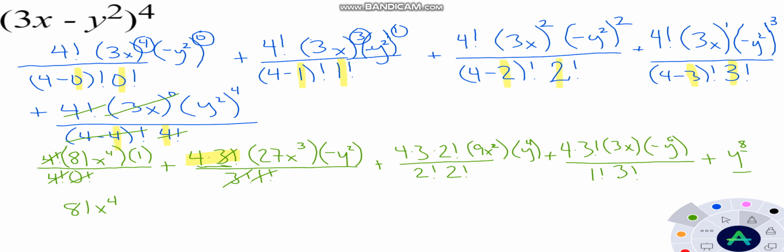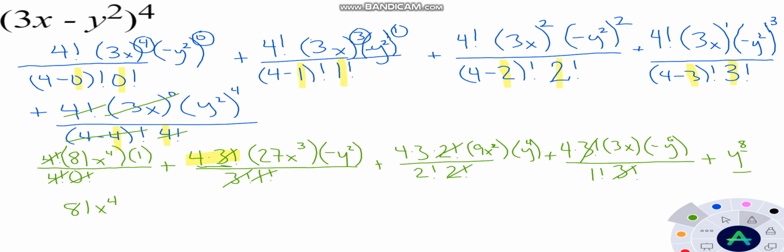I expanded it here for the same reason. So 2 factorial, and we can get rid of one of these 2 factorials. Doesn't matter which one it is. This one. Again, it's 4 times 3 factorial, so we just cancel those out.